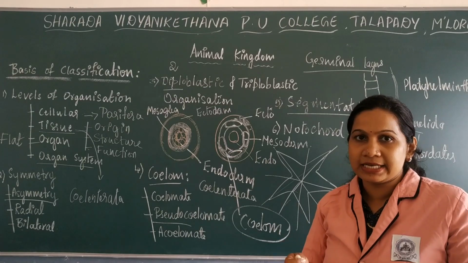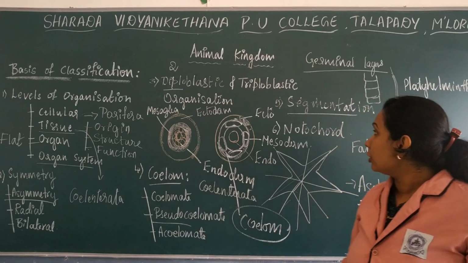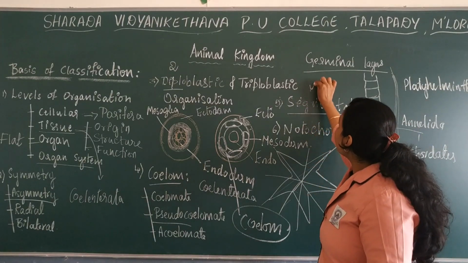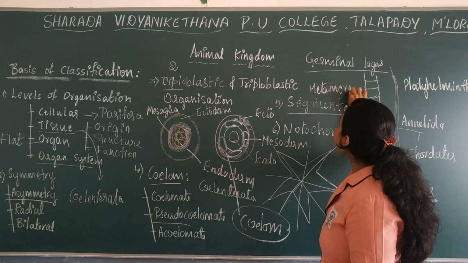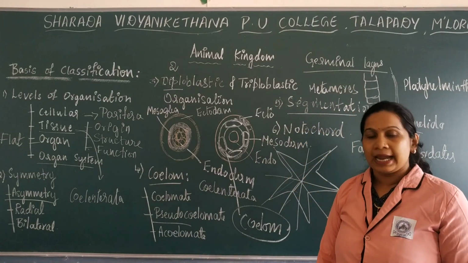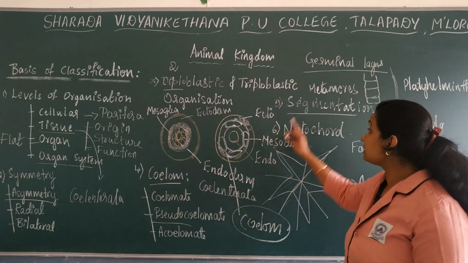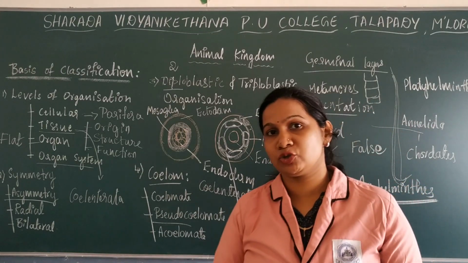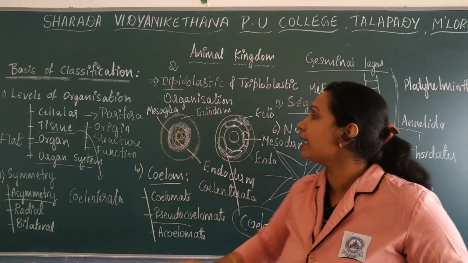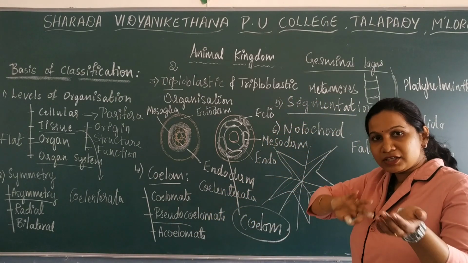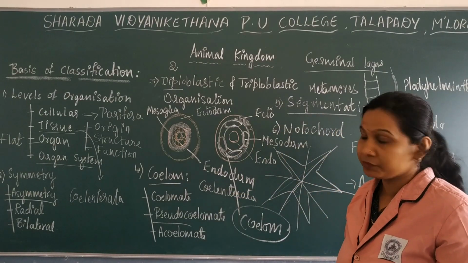In these organisms, their body consists of segments. The segments are called metameres, and the process is also known as metamerism, which is mainly seen in Annelida and Arthropoda members, especially Annelida members, earthworm, leech. They have segments. Based on the presence of segments, organisms are classified.